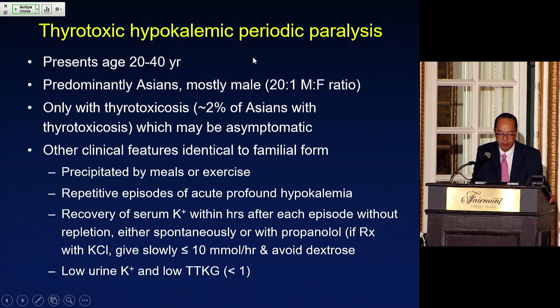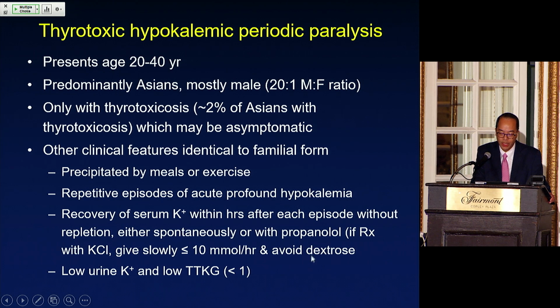And in particular, thyrotoxic hypokalemic periodic paralysis is relatively common, occurs predominantly in Asians, particularly males between the ages of 20 to 40, and is associated with development of thyrotoxicosis, but behaves just like the familial form, being precipitated by meals and exercise, repetitive hypokalemia, and recovery, which can be either spontaneous or with propranolol.